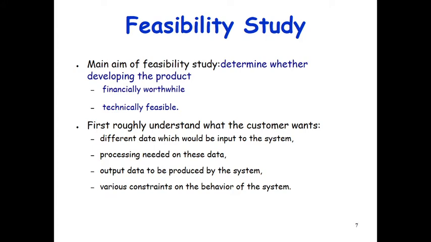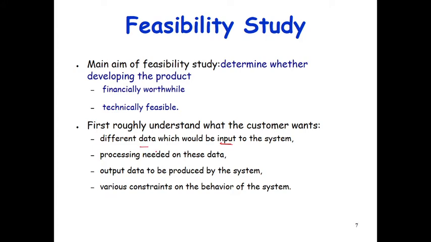First, roughly understand what the customer wants, different data which would be input to the system, processing needed on this data, output data to be produced by the system, and various constraints on the behavior of the system. So first, what you need to understand is what is the different data, what is the input. Okay, what is the data you need to handle, you need to know that.